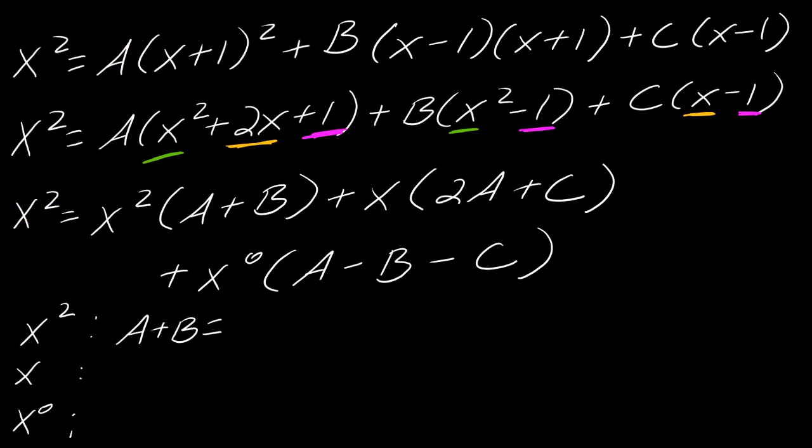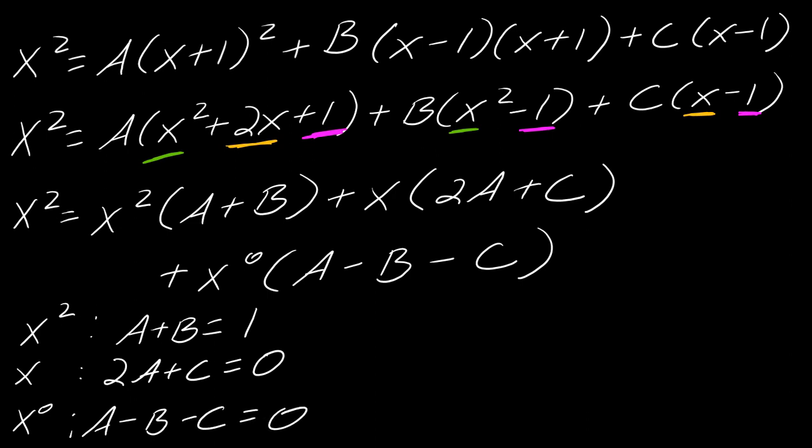It is 1, so it's going to be a plus b equals 1. Then for the x's, I've got 2a plus c. And you'll notice I have no x now on this side, so that's all going to equal 0. And then the same thing goes for the constants. So a minus b minus c. There's no constant on the left side, so I just set that equal to 0. And so here's the system now that I have to solve.